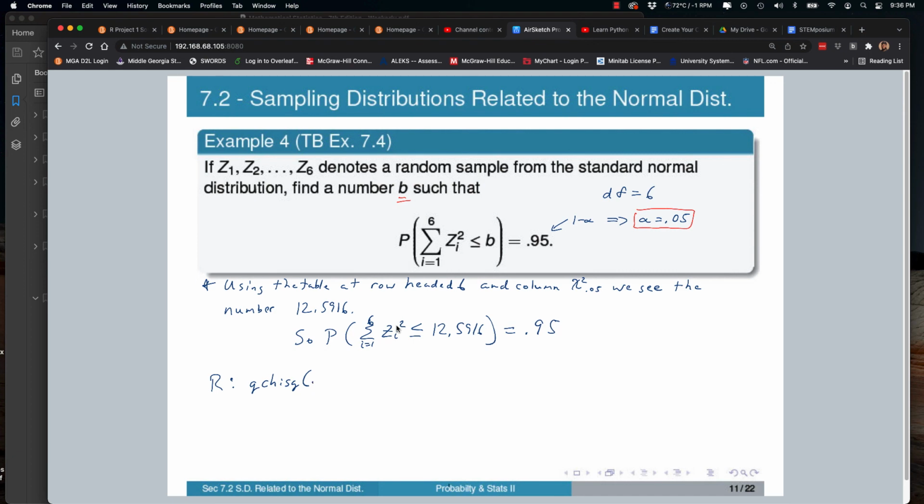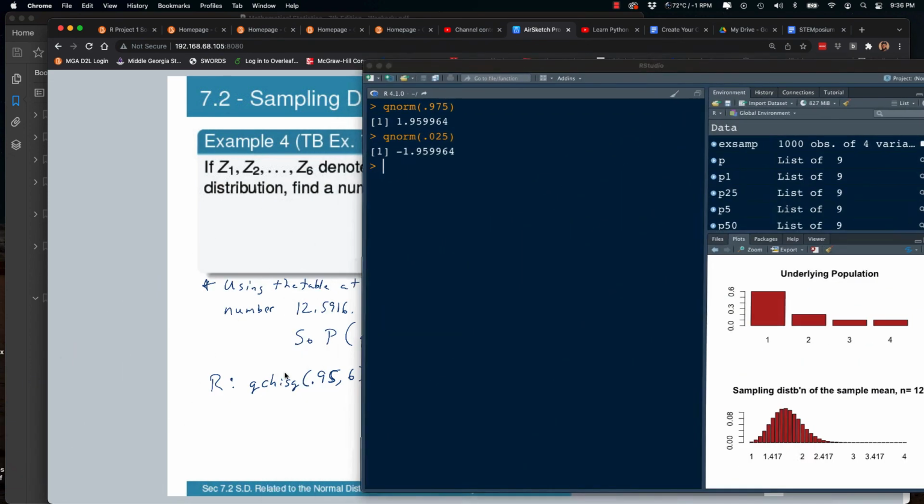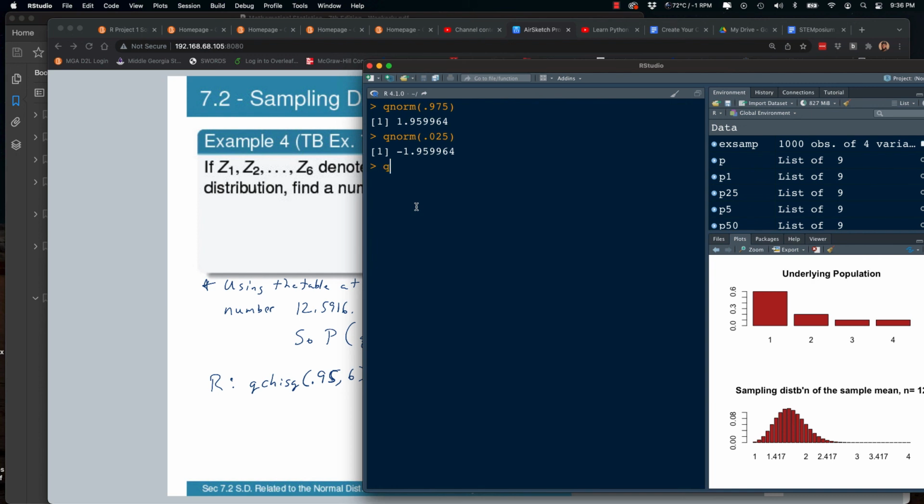If we plug in 0.95 and then degrees of freedom of 6, it should give us the same value. Let's double check that. We got qchisq of 0.95 comma 6, and it does. It gives me 12.5916.